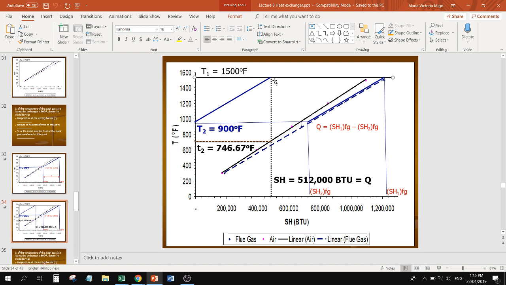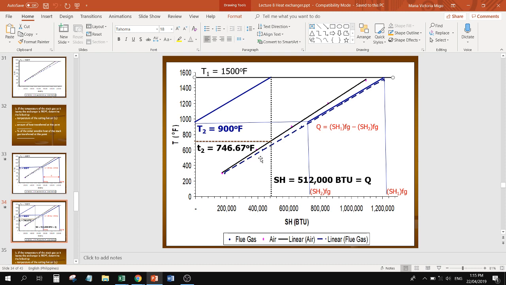That vertical line would help you read the temperature of the cooling fluid. This intersection with the cooling fluid line would give you the temperature of the working fluid or cooling fluid or cold fluid. So that is 746 degrees Fahrenheit.